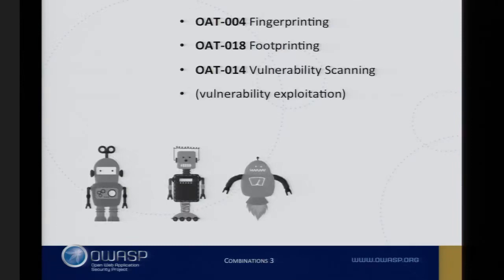Another example which pen testers might be more familiar with: often you initially footprint the application, and then you start doing vulnerability scanning. The exploitation itself is outside the scope because that's exploitation of individual bugs.